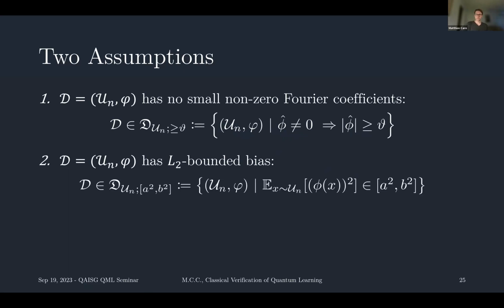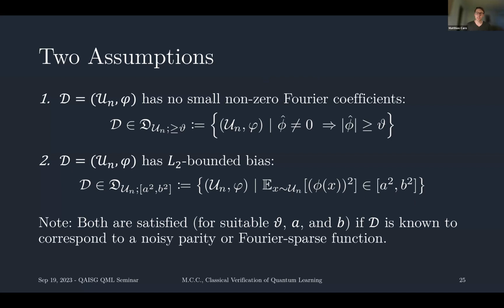And another technical assumption is we need an L2 bounded bias. So here we want the expectation of the square of this conditional expectation to be in some interval a squared, b squared. I'm showing these assumptions because I want to be transparent about them. But fortunately, these assumptions, if you pick theta, a and b suitably, are satisfied if the unknown distribution is, for example, known to correspond to a noisy parity or a noisy Fourier-sparse function.